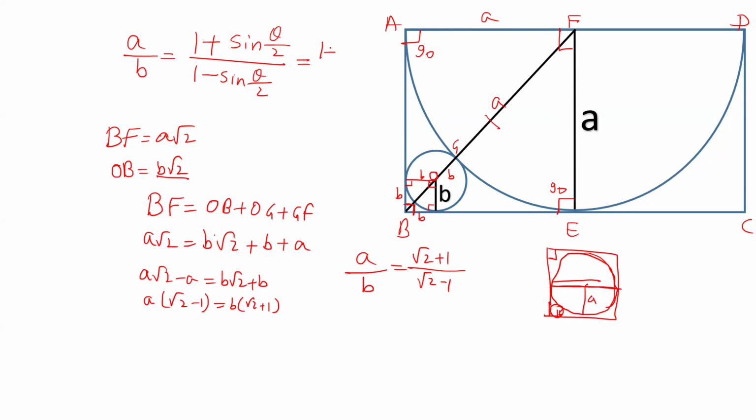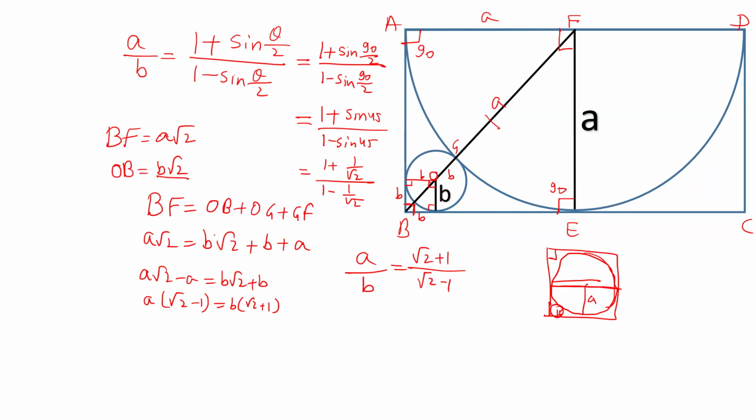So 1 plus sine, the angle of polygon is 90. It is a square. 1 plus sine 90 by 2, 1 minus sine 90 by 2. 1 plus sine 90 by 2 is 1 plus sine 45 and 1 minus sine 45. And sine 45 is 1 by root 2. So 1 plus 1 by root 2, 1 minus 1 by root 2.